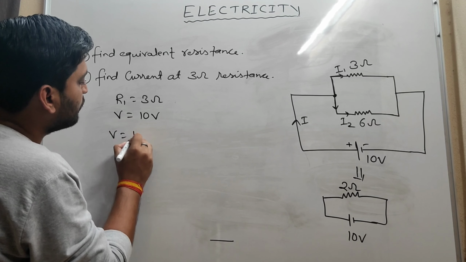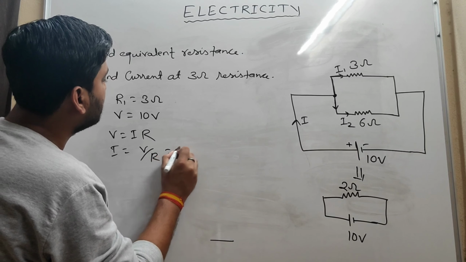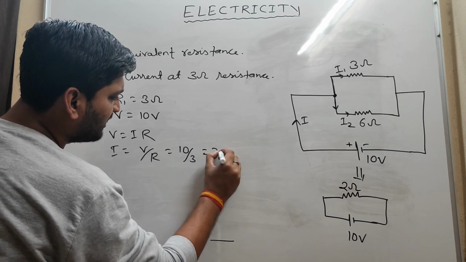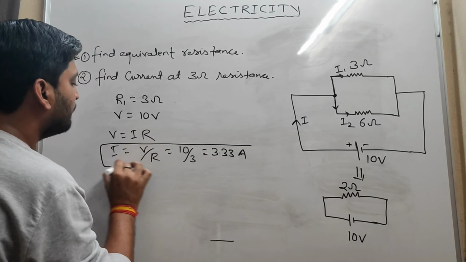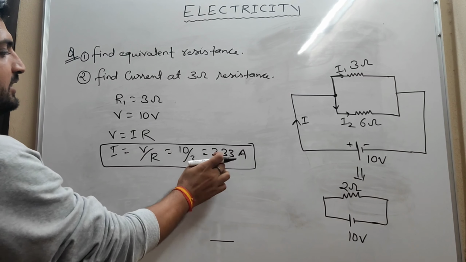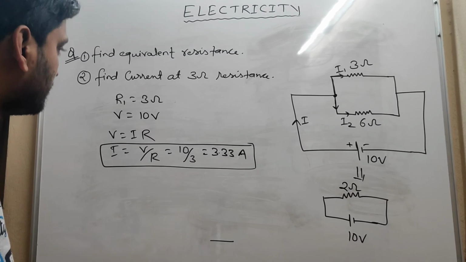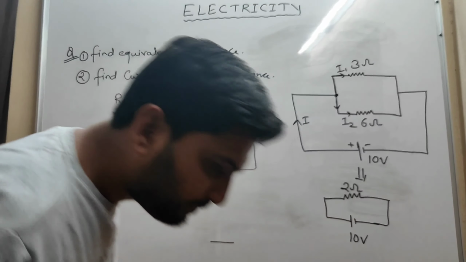From here we know Ohm's law, V is equal to IR, I is equal to V upon R. V is 10 upon 3, which is 3.33 ampere. So the current flowing through this 3 ohm resistance is 3.33 ampere. Okay, copy it or take a screenshot.